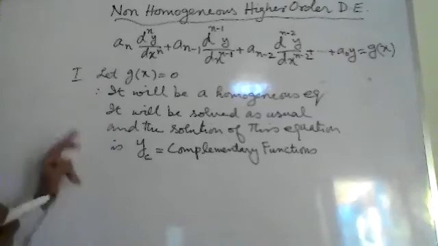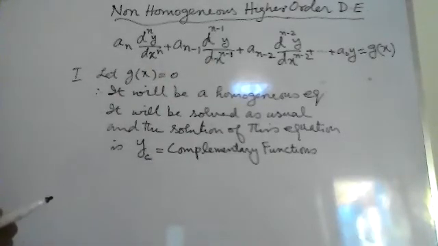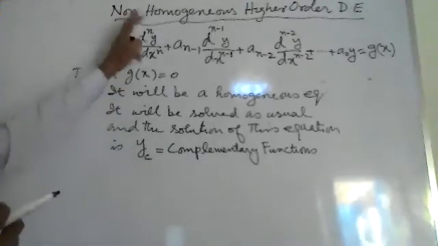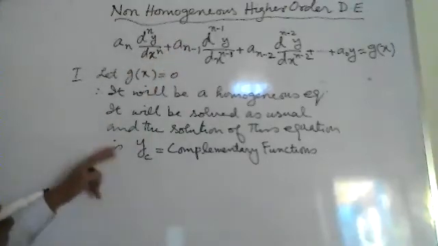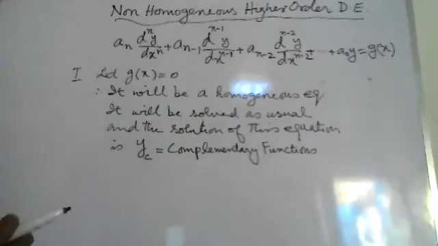So the answer of this homogeneous equation, before that we were calling it the general solution, now it is called y_c. In the non-homogeneous equation, the answer of the homogeneous equation is called the complementary function, or y_c.